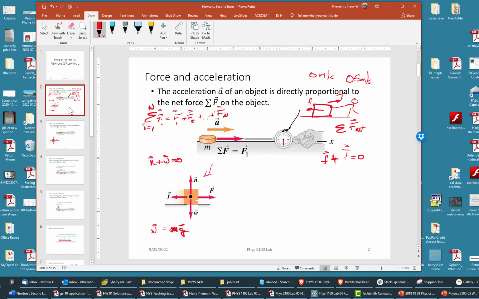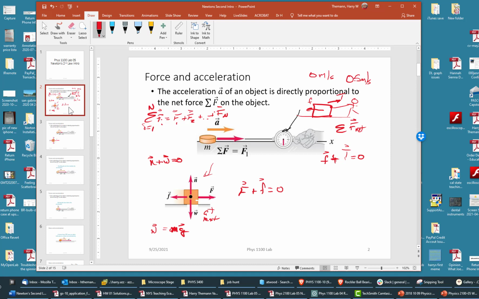Now, in this case, you notice we're pulling with some force, and we're just saying that this thing is at rest. Or it could be moving. But let's just say it's at rest. So that means that in this case, F plus F equals 0. So there's no motion.